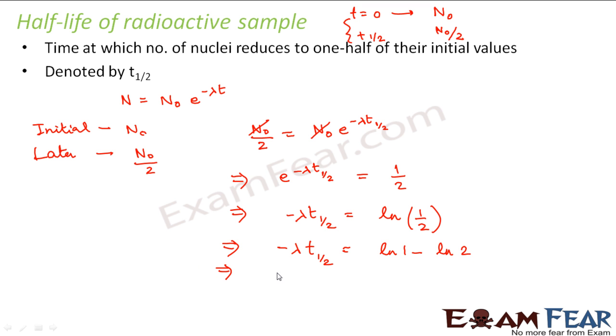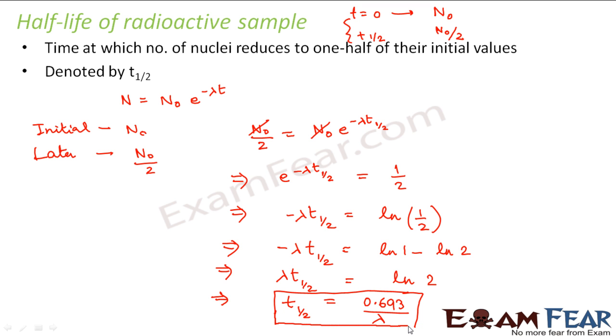So lambda T half is equal to ln 2. So T half is equal to ln 2, the natural log of 2, which is 0.693, divided by lambda. So this is the expression for half-life of a radioactive sample. The half-life of a radioactive sample depends upon the decay constant.